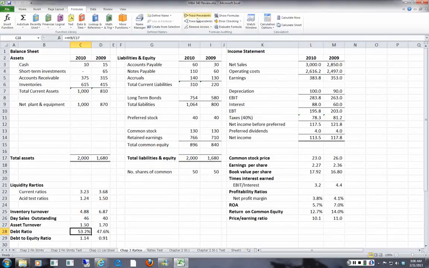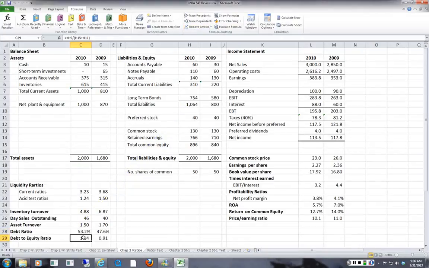Debt ratio takes the total liabilities of 1,064 and divides that by the total assets, which is 53.2%, which basically says that of the total assets of 2,000, 53% of those dollars is funded by debt.